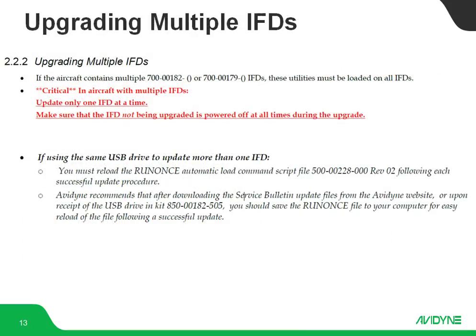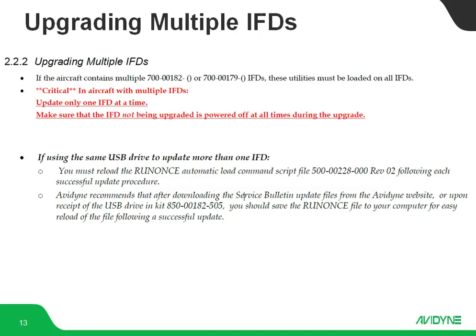Another note to make here is that if you're going to update multiple IFDs in the aircraft, and those IFDs are cross-synced to one another, you're going to want to make sure that you only do one at a time. The opposite IFD, the one you're not currently updating, needs to be powered off for the entire sequence.